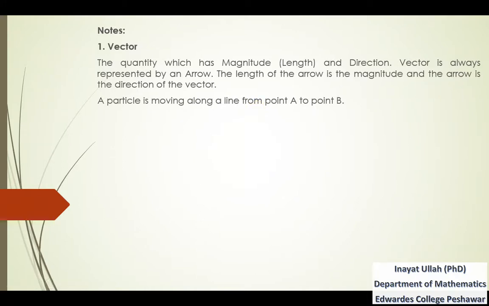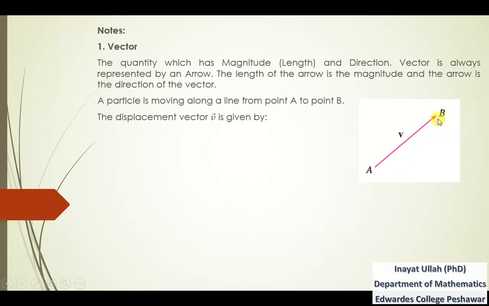For example, if a particle is moving along a straight line from a point A to a point B, and that is physically drawn in this fashion, this movement is represented by this vector AB, which is denoted by V. So this is called the displacement vector.